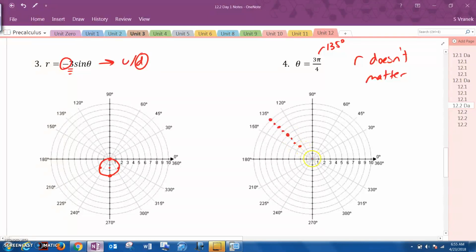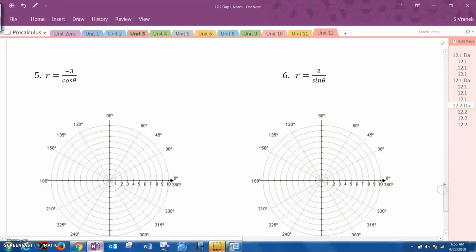I can even have negative r's, which means it goes this way. So hopefully you see that just along this angle line, I could have any point possible, which means it forms just a line at that angle. So there you go. So when it's just theta equals a number, go to that number, that angle, and draw a line.